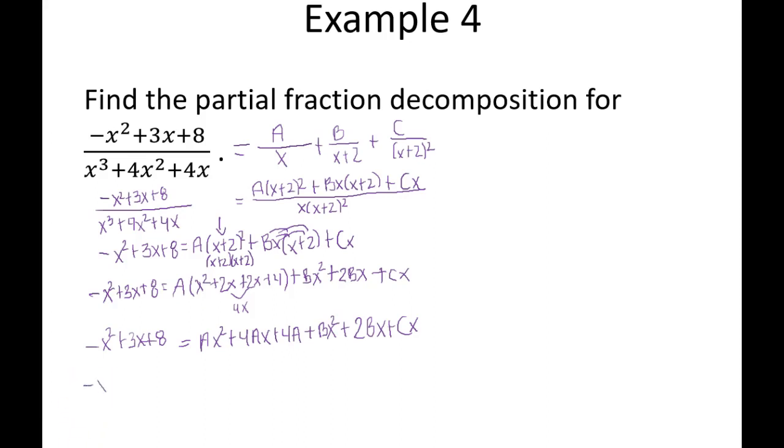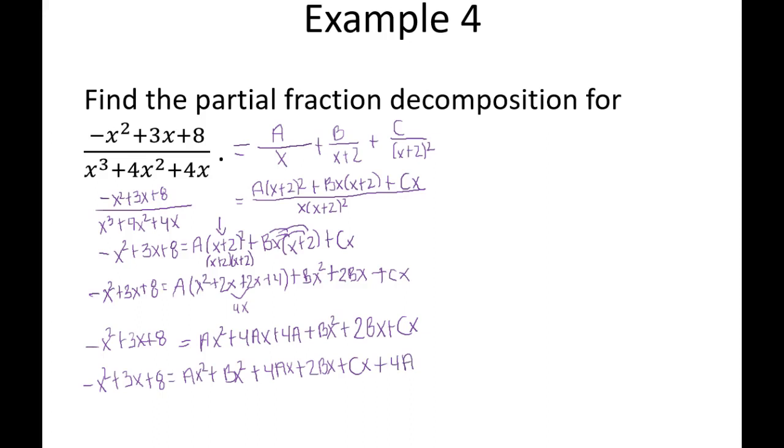This will give me negative x squared plus 3x plus 8 is equal to ax squared plus bx squared plus 4ax plus 2bx plus cx plus 4a.